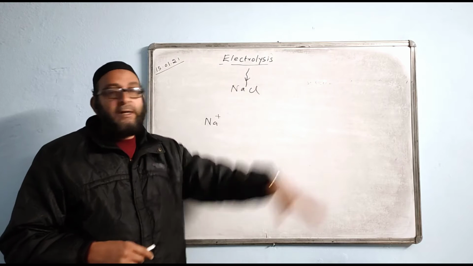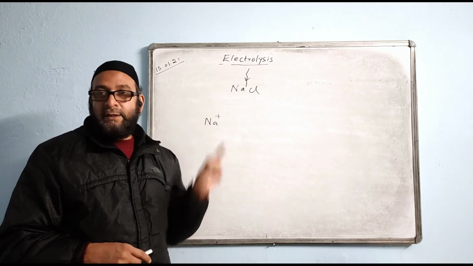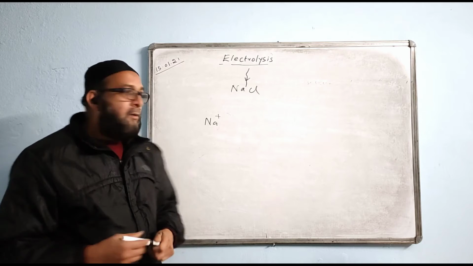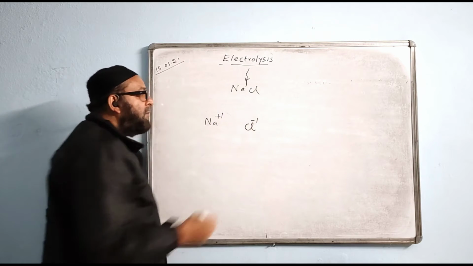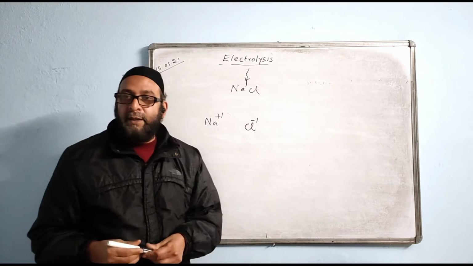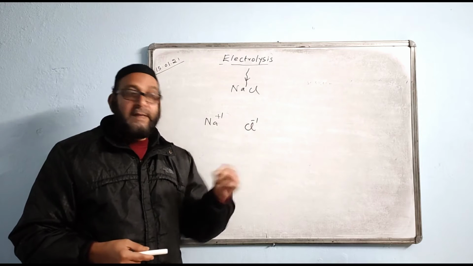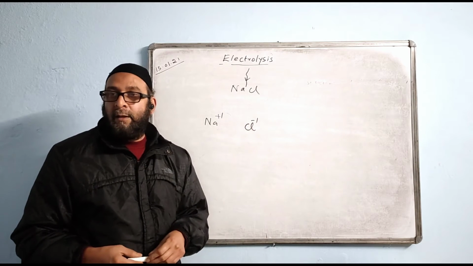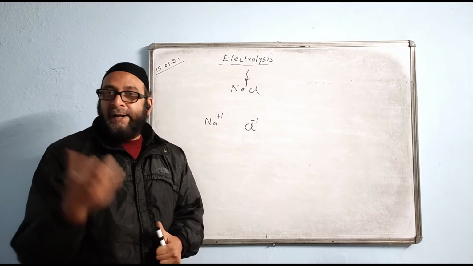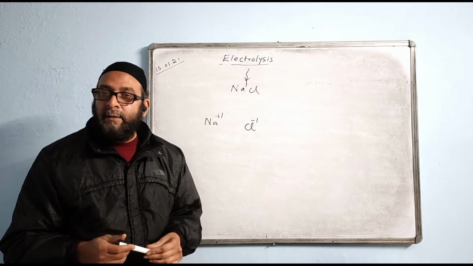That means it has lost one electron. It has given up one electron. This is the meaning. Or if anything is having a negative charge, negative one, what is the meaning of negative charge? That means it has an excess of one electron. It has gained one electron. Now one electron is in excess than its neutral atom. You understood the meaning?